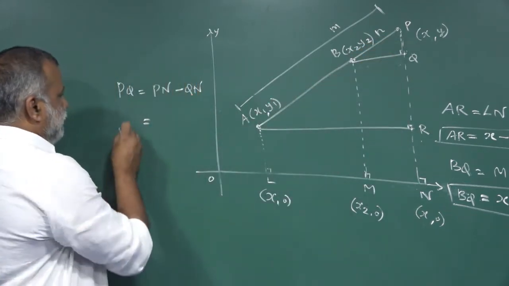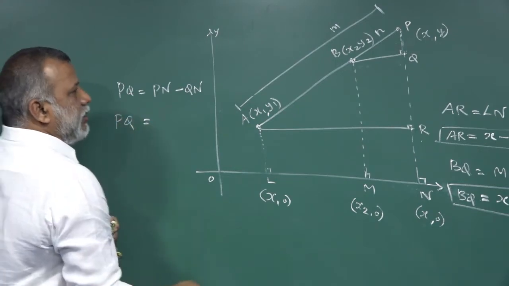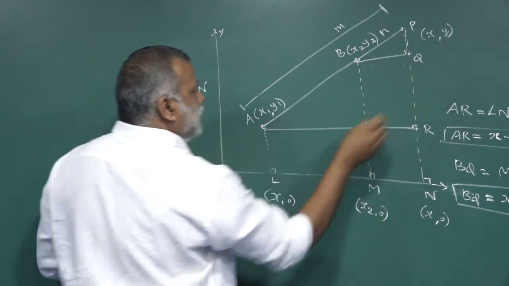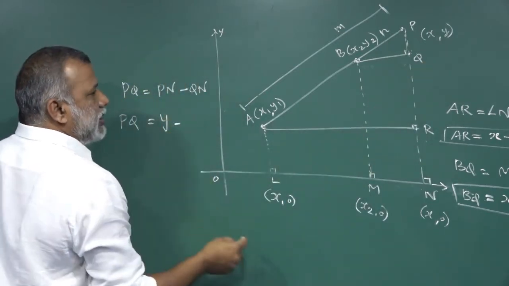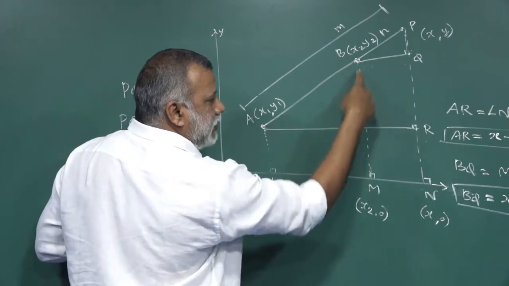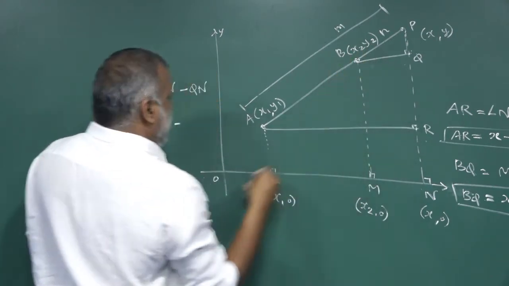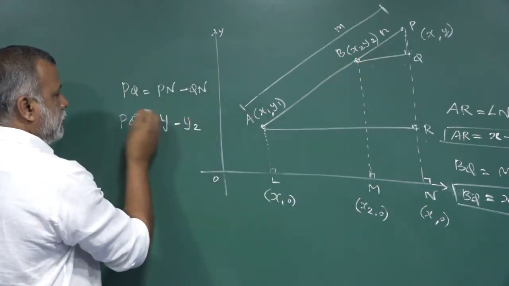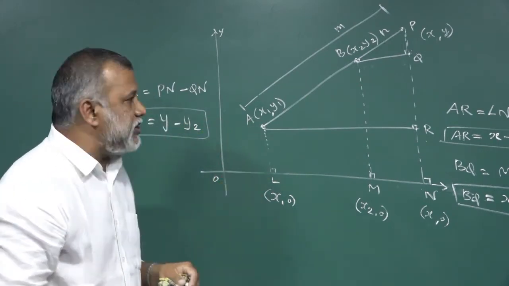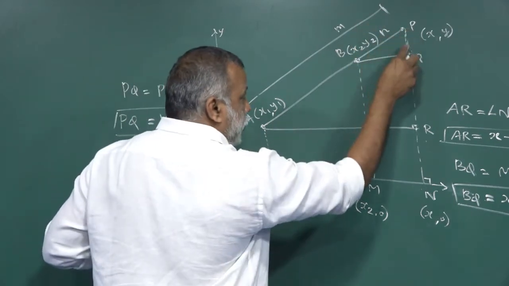From this diagram, what is the value of PN? PN is nothing but the y coordinate, y minus QN. See, QN is equal to BM. Here BM is the value of y2. So just to compare with the diagrammatic explanation, we need PQ.